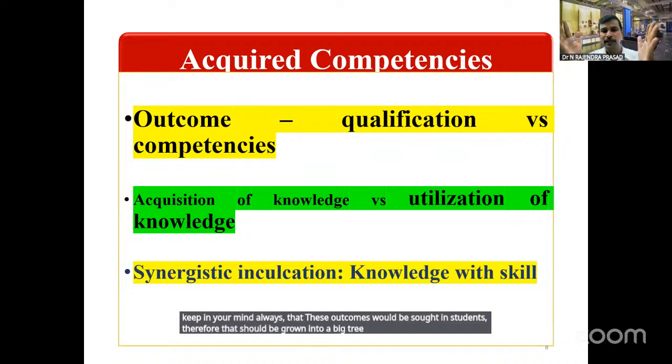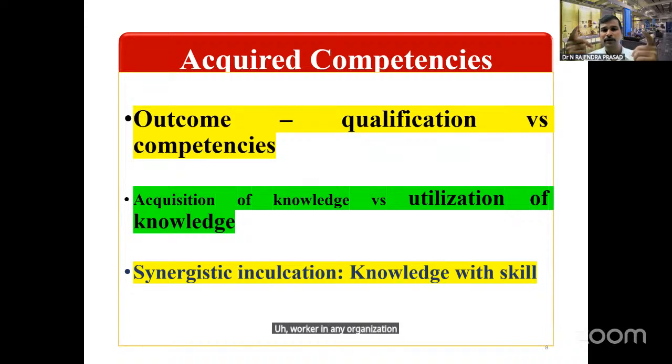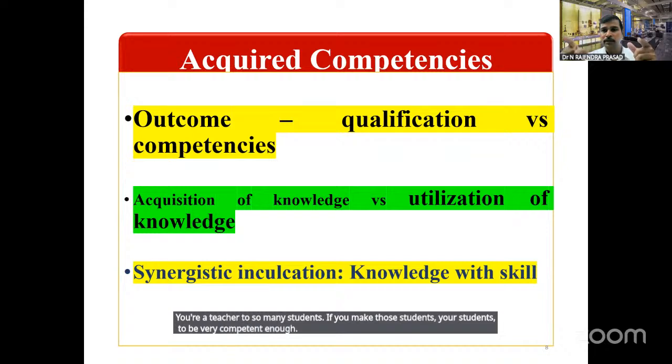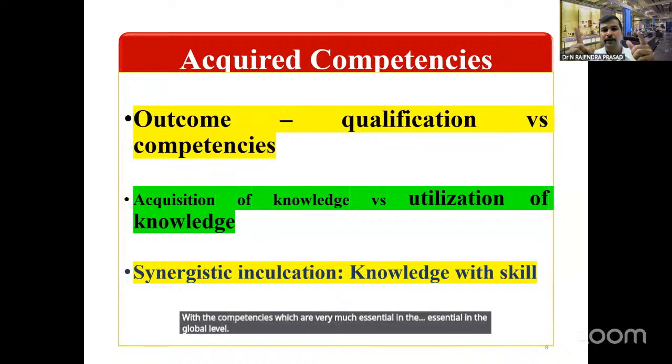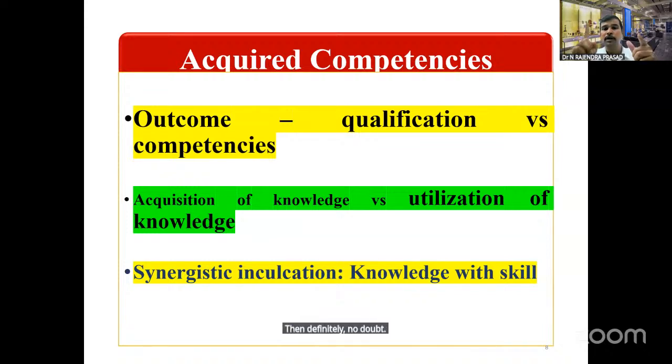And definitely, once he becomes a researcher or a teacher or a worker in any organization, then he will definitely serve society in a better way. In the society, your son or daughter may be there. Don't forget that. You are a teacher to so many students. If you make your students very competent, with competencies which are essential at the global level, then, no doubt, your children will become competent enough.